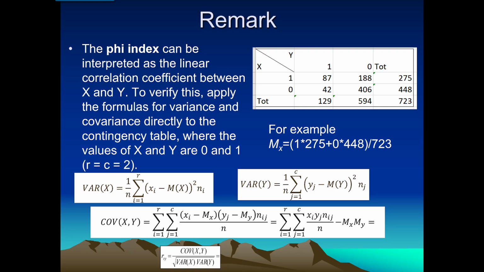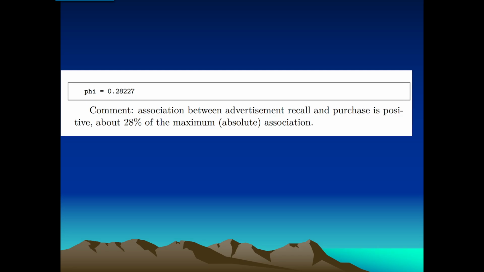Now, if you compute the correlation coefficient, you end up with the value of phi. It's incredible, eh? So this phi is a correlation coefficient for a 2 by 2 contingency table. And if your phi, for example, is equal to 0.28, it means that the association is about 28% of the maximum absolute association.